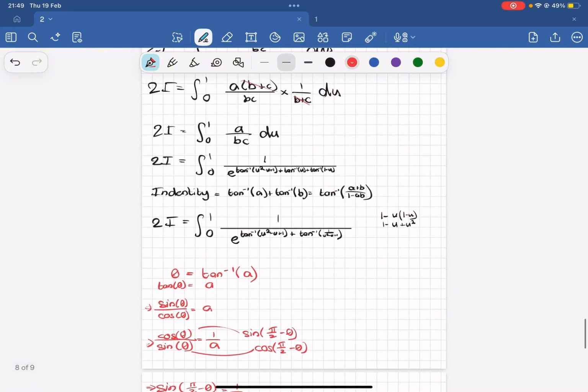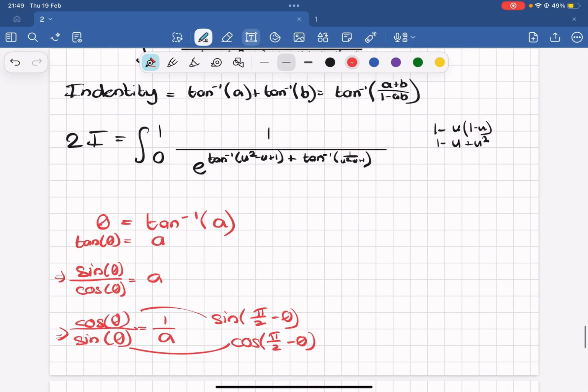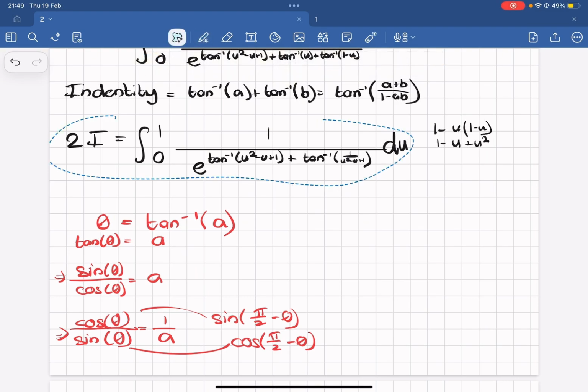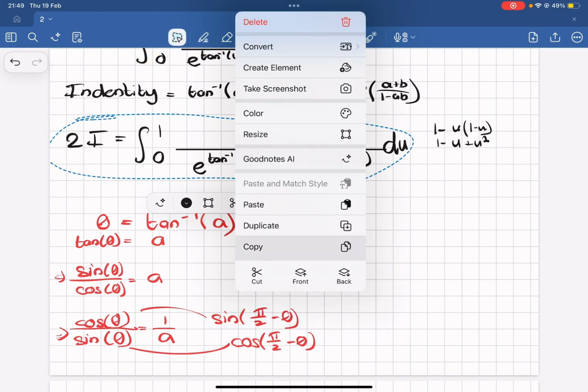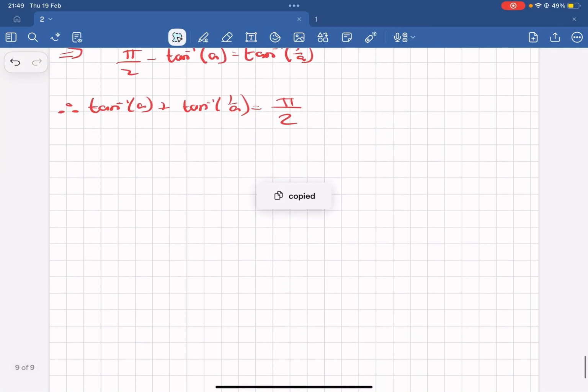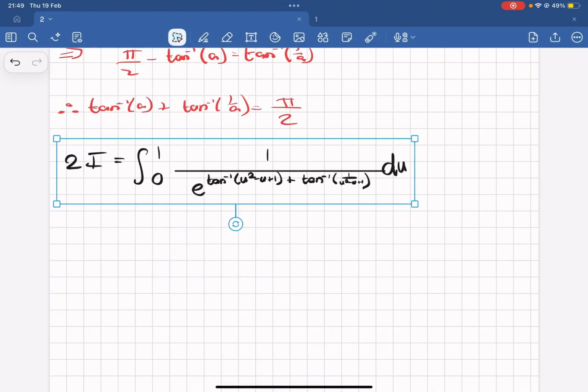Now if we go back up to our integral, let's add du here firstly. Let's copy this down. There we go.